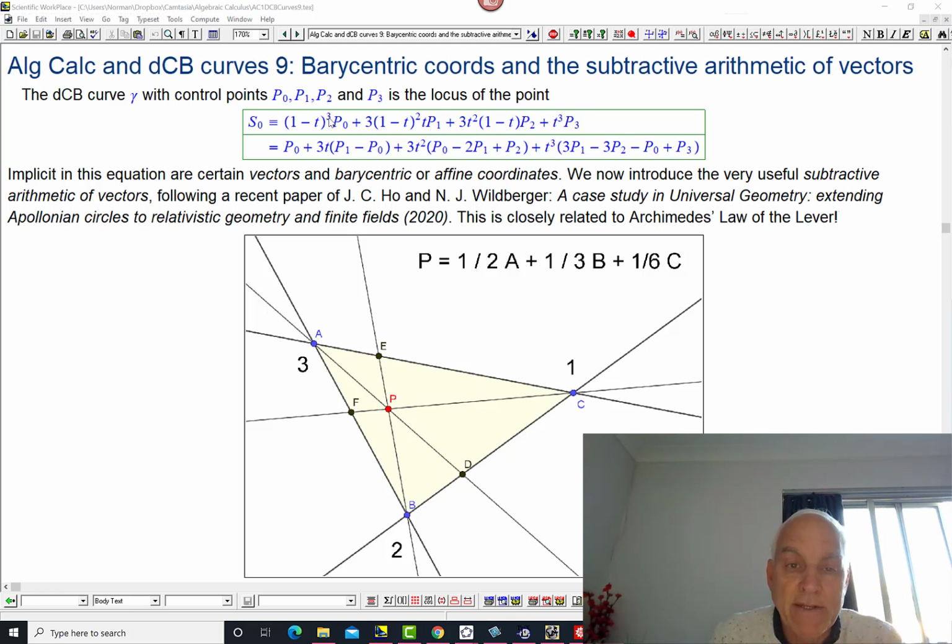If we just take (1 minus t) cubed plus 3(1 minus t) squared t, plus 3t squared (1 minus t) plus t cubed, we see that's really just the expansion of (1 minus t plus t) cubed. So you think of 1 minus t as one term and t as a second term. This is really just a binomial expansion, power 3 of that.